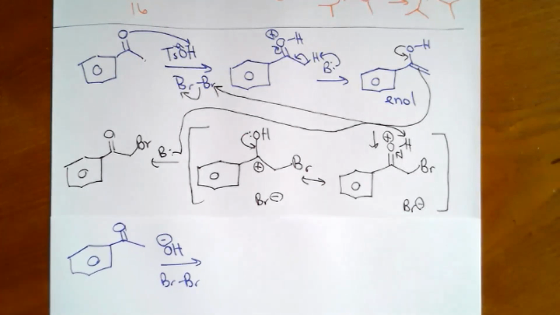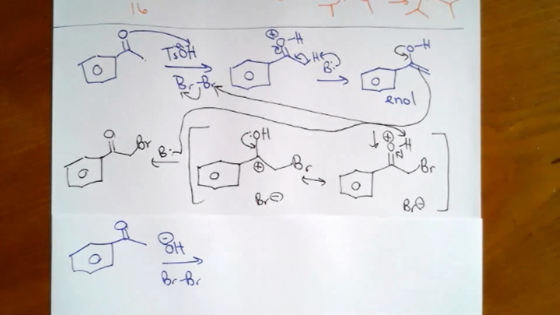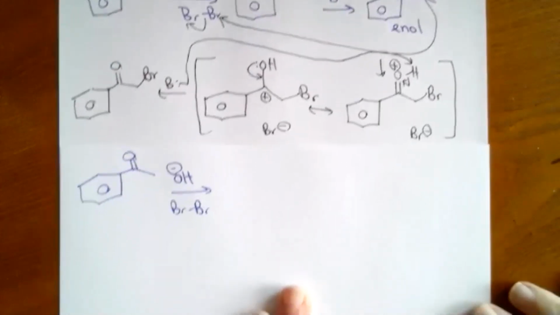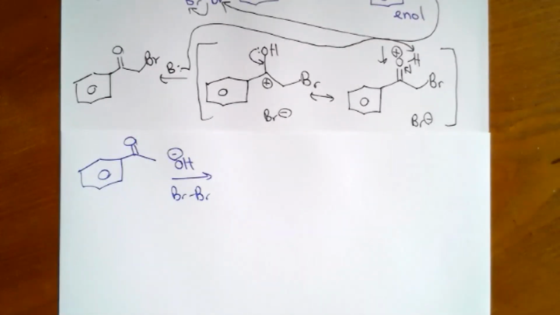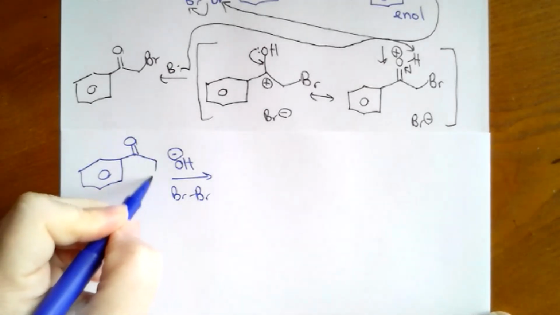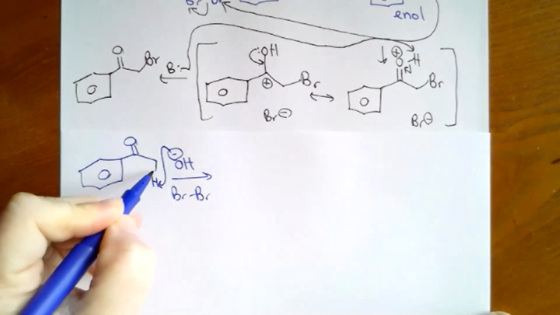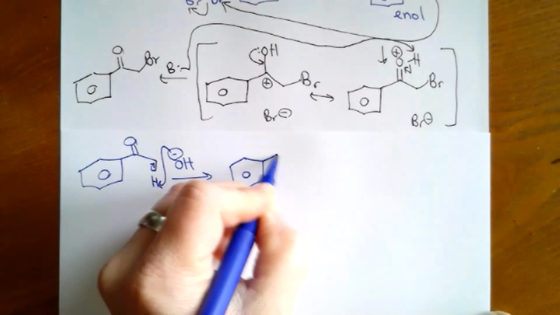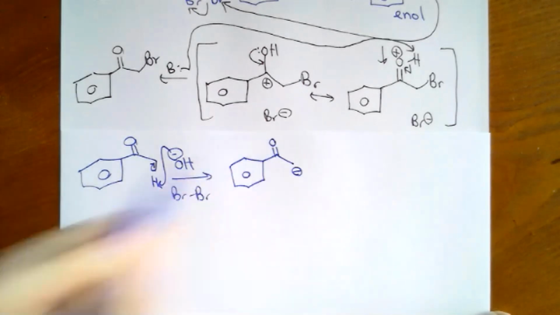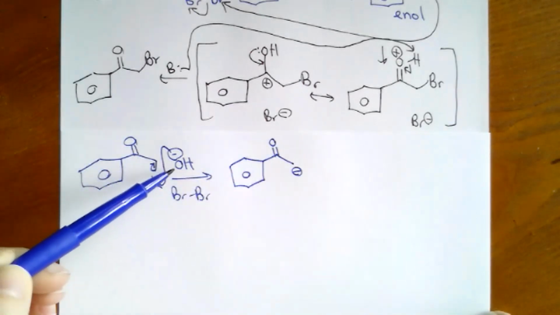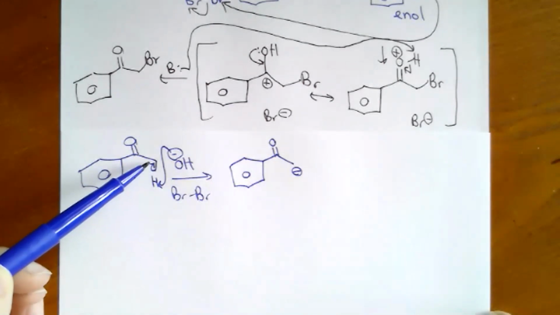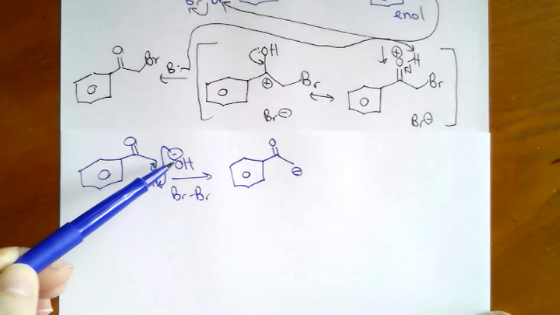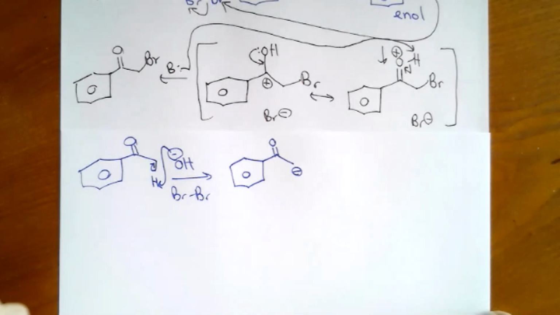In base, the story's a little different. So let's draw this one in base. In base, the first thing we're going to do in so many of these reactions is pluck an alpha hydrogen. Make an enolate. Does equilibrium favor enolate formation here? Not likely, because this is a ketone and hydroxide. But do you have a small amount of enolate present?